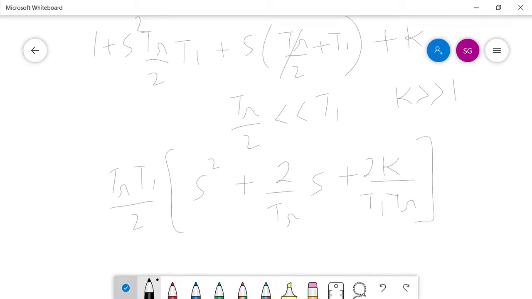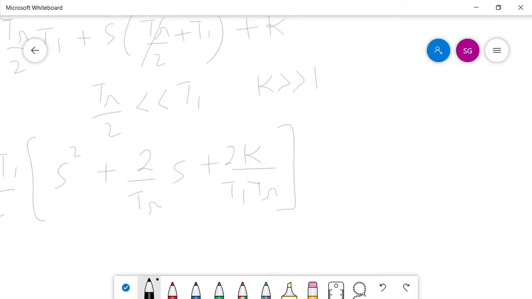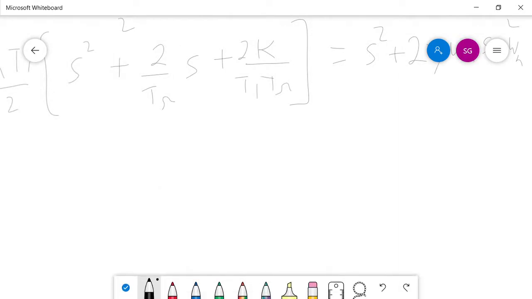And this will be equal to s square plus 2 zeta omega n s plus omega n whole square. So from here omega n will come out to be under root 2K by T1 Tr.